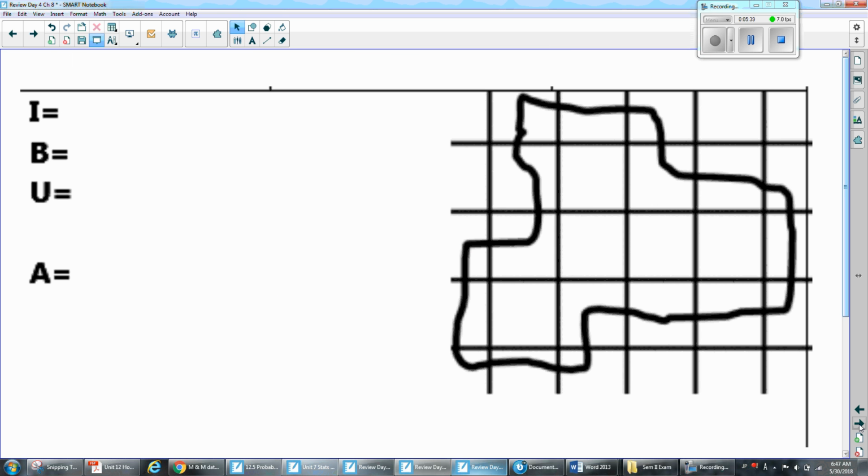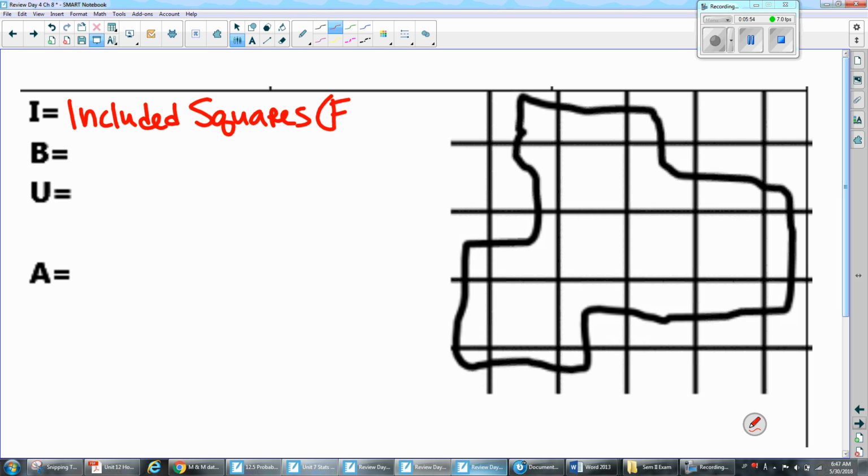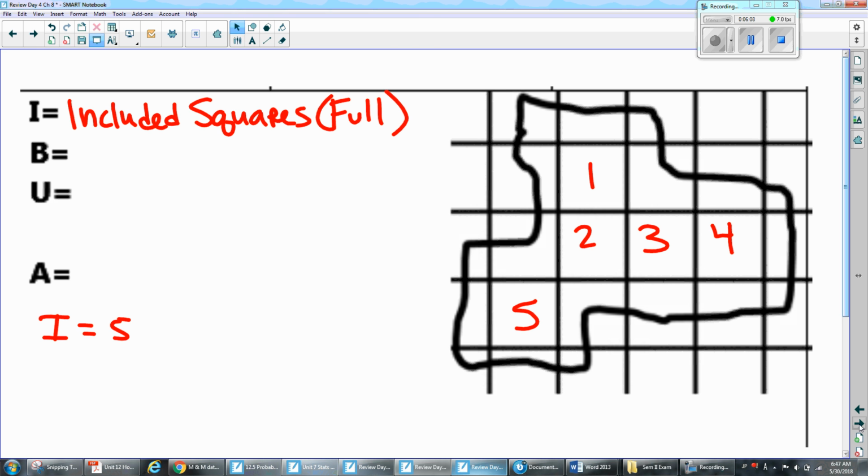When we see some irregular figure on a grid, though, there's a couple important things we have to remember. That I stands for the number of included squares. Those are full squares on the inside. So in this case, my I, I'll rewrite it down here as 5. For B, those are the boundary squares.